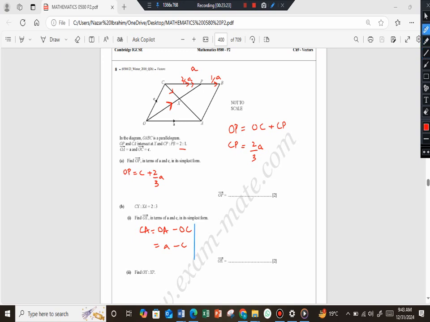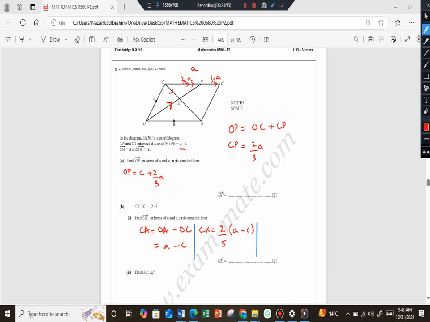I need to find CX first. The ratio of CX is 2 upon the total, 2 plus 3 is 5, so CX is 2 upon 5 of A minus C. We have found CA and CX, and now we do the working for OX.